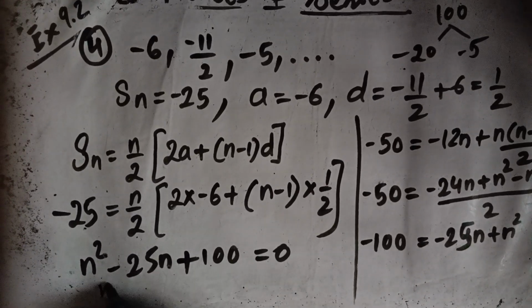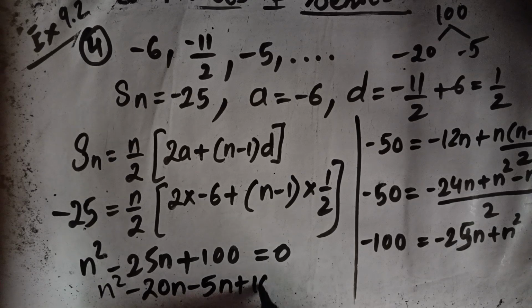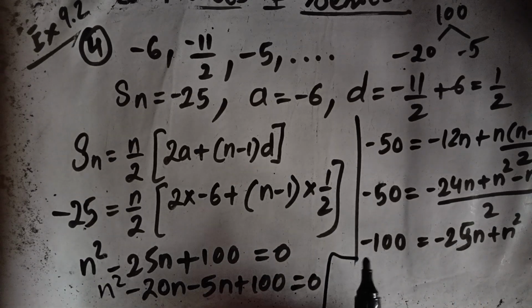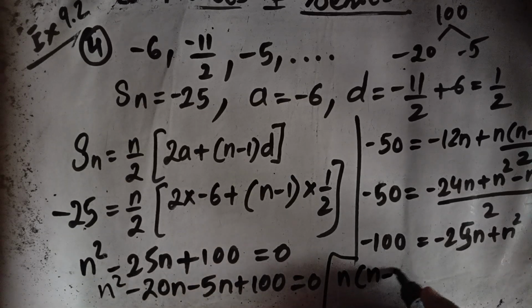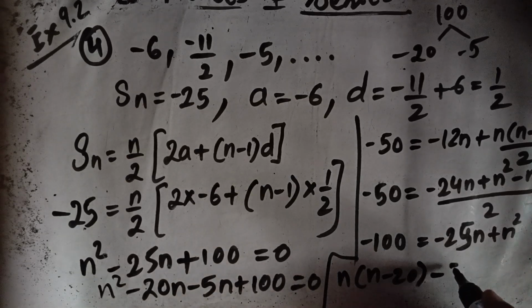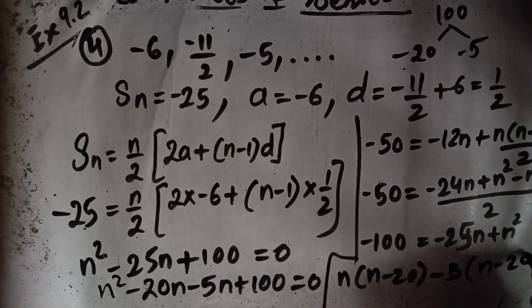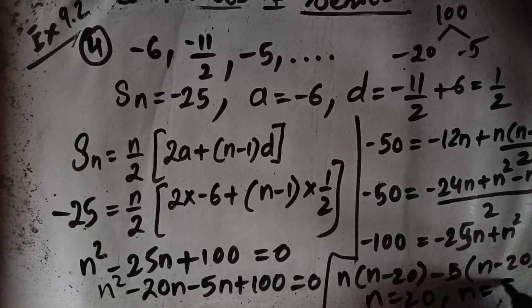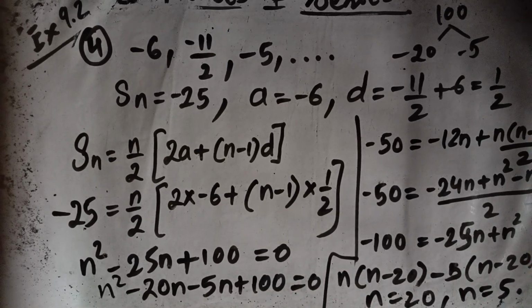So n square minus 20n minus 5n plus 100 equals 0. So this is n minus 20 into n minus 5 equal to 0. So n is equal to 20, n is equal to 5. Okay.